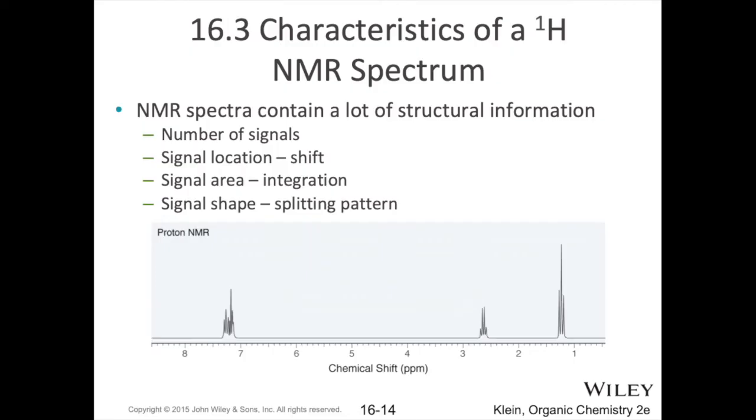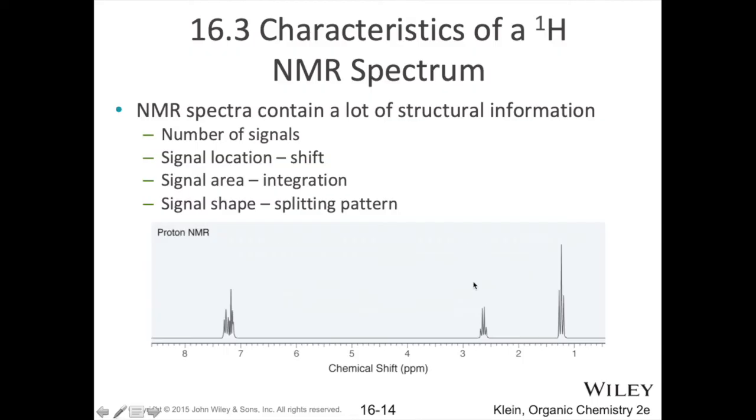In the same way, with NMR we get lots of different types of information from our peaks. We're going to look at the number of signals that show up in our spectrum. For example, here we have 3 signals that we would analyze, and the fact that there are 3 signals tells us something.